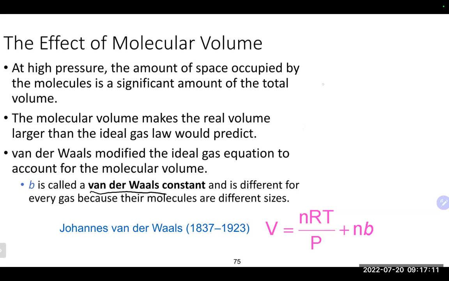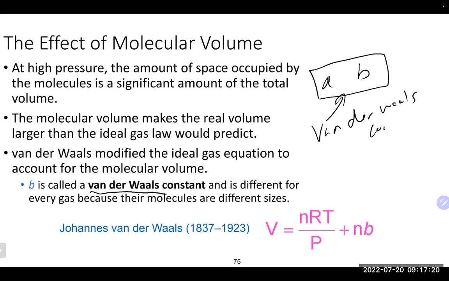There's A and B, and A and B are van der Waals constants. They are specific for different gases, and so you would have to go to a table and look up these values for different gases.